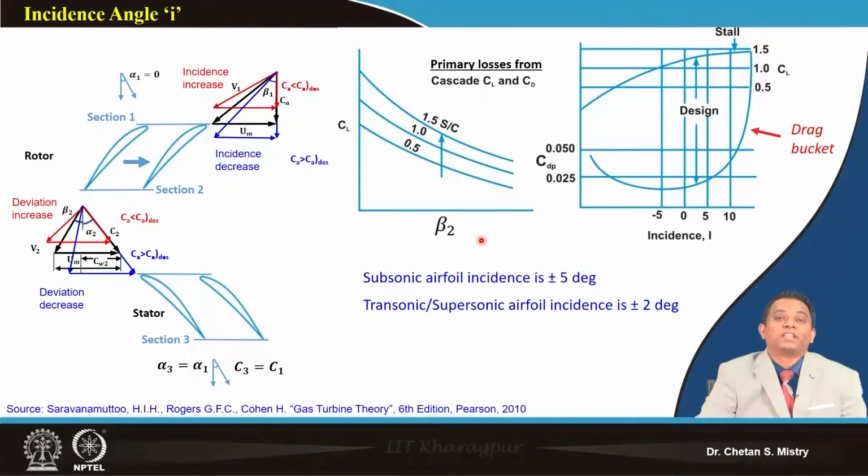For subsonic aerofoils, my leading edge thickness is slightly higher. So if you look at, say, NACA 65 or C4 kind of aerofoil, their leading edges are thicker, and that's a little insensitive to the change of incidence angle, and that's the reason it gives us flexibility of variation and can tolerate plus or minus 5 degrees.